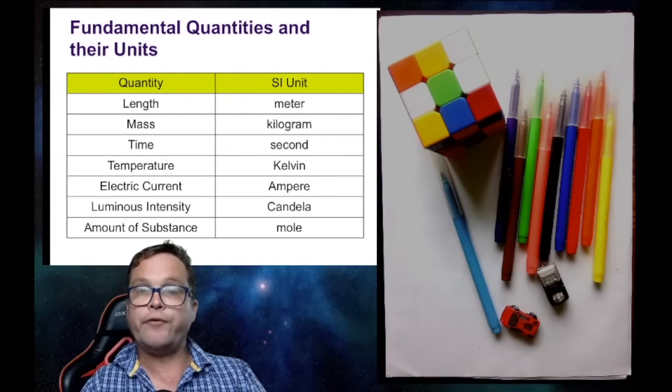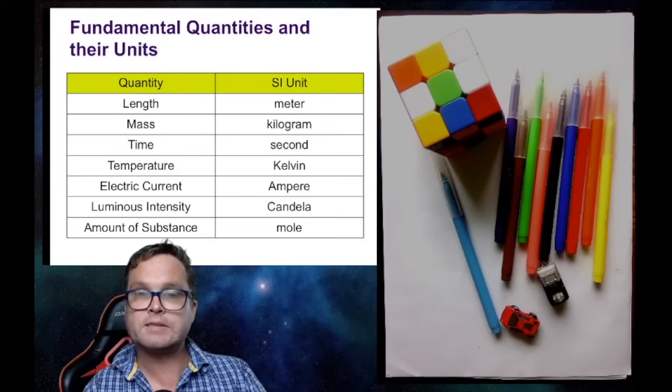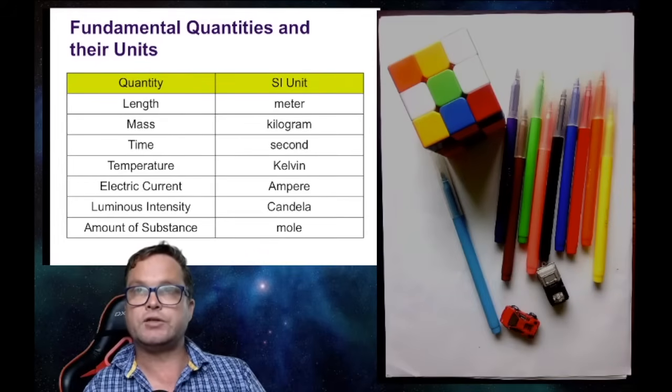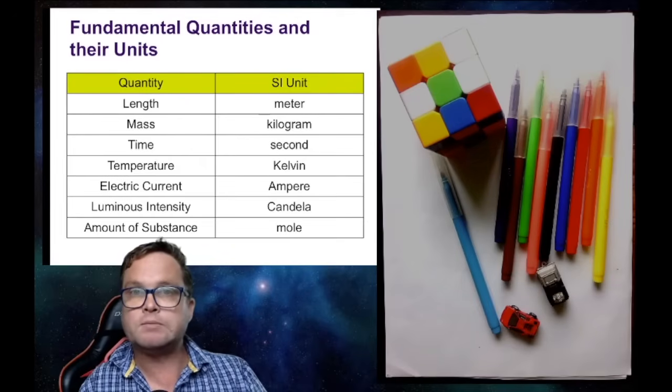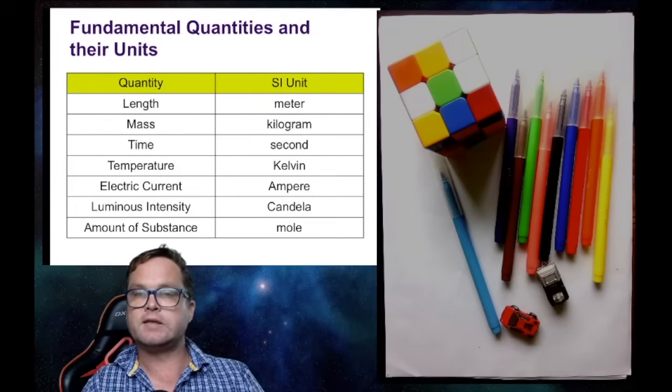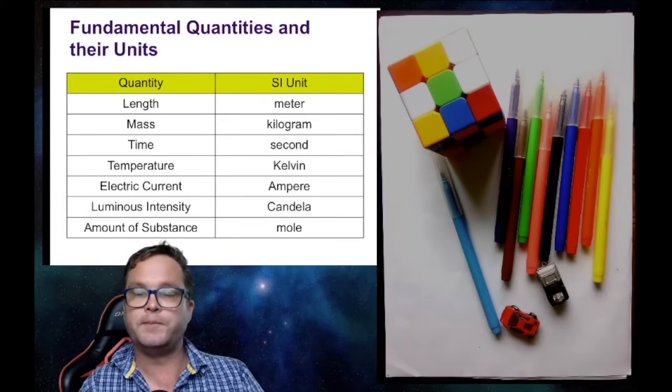When we are referring to the amount of substance present, the SI unit for that is the mole. A mole is 6.022 times 10 to the 23. That's the number of molecules, or the number of particles, or the number of entities present in a mole. So you should be aware of each of these different quantities and their associated SI units. This is something you should know.